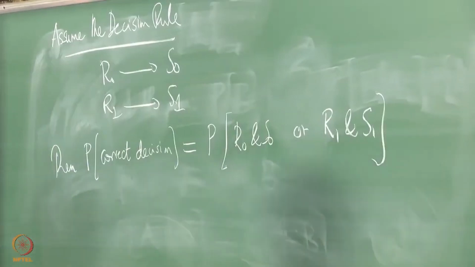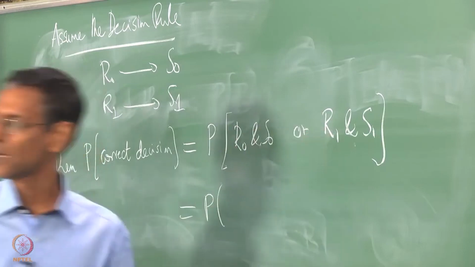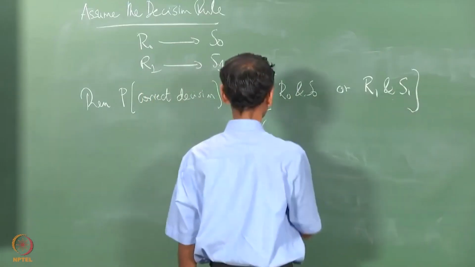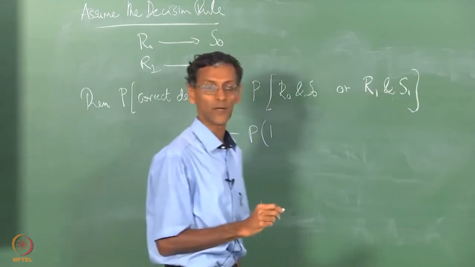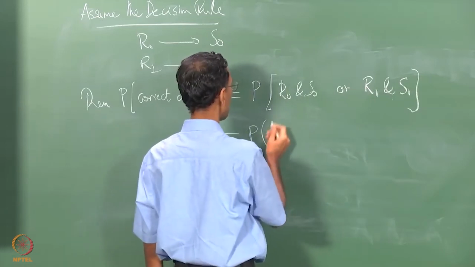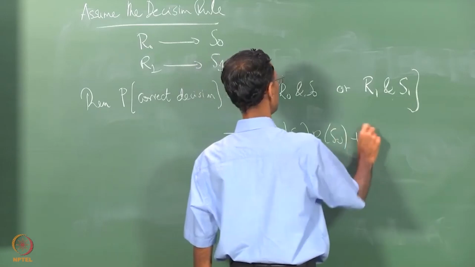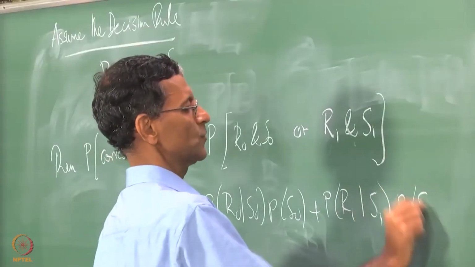So clearly this can be written in terms of conditional probability. These two are obviously mutually exclusive, so this is the probability of R naught S naught plus the probability of R1 S1. So this is the probability of R naught given S naught times probability of S naught, plus probability of R1 given S1 times P of S1.